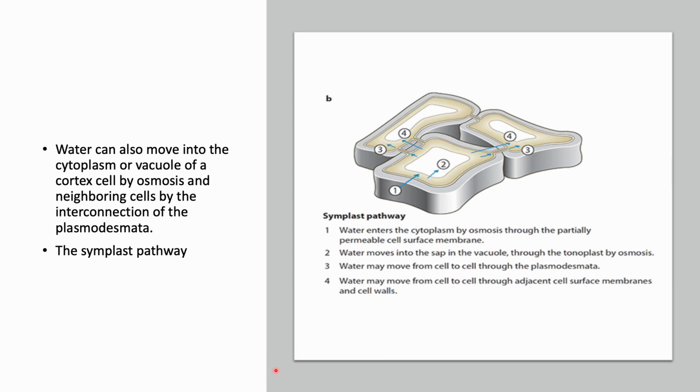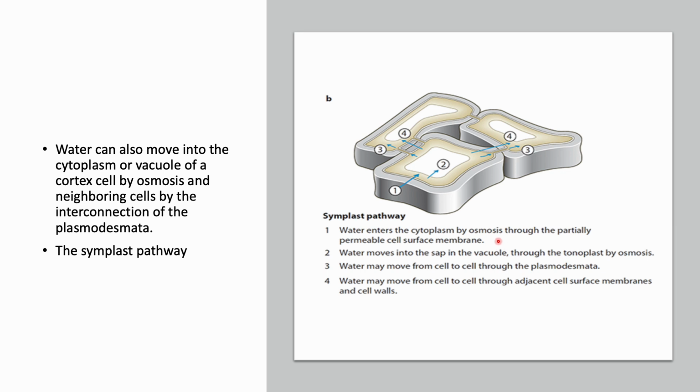Looking at how water follows the symplast pathway, water can move through the cytoplasm or vacuole of a cortex cell by osmosis and into neighboring cells by interconnections of the plasmodesmata. Water can enter that cytoplasm by osmosis through the partially permeable cell membrane.